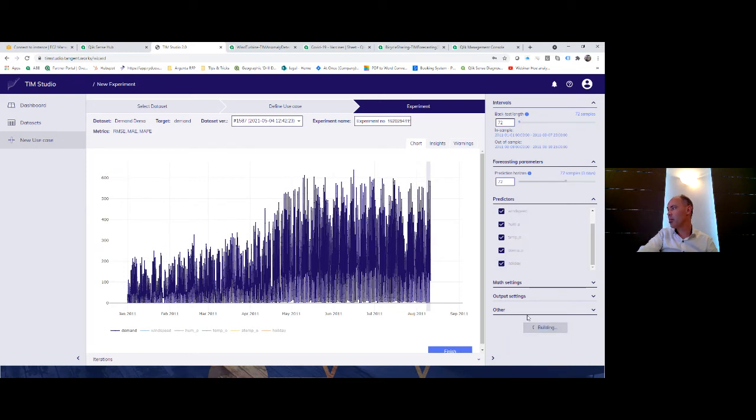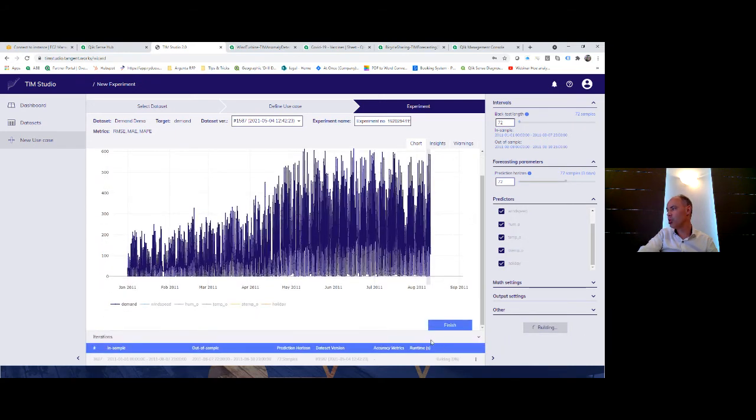So if I then start building this model, then here at the bottom, you will see that it's started building, and now it takes a couple of seconds, of course, to fully build this model from scratch. It will read all this data.